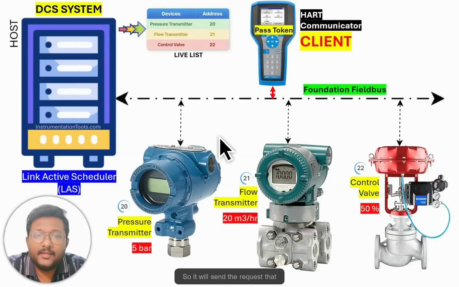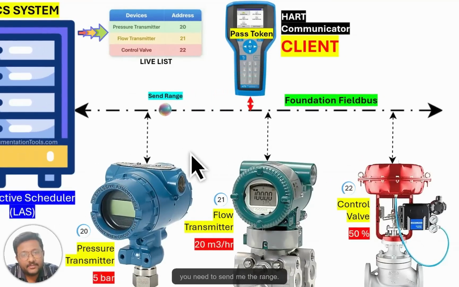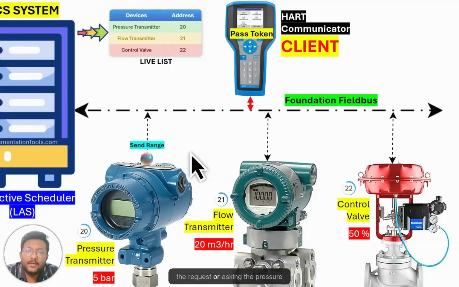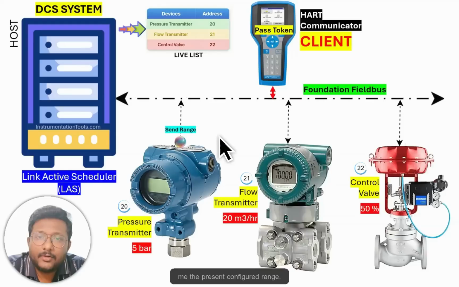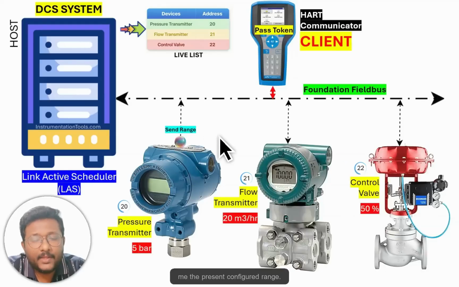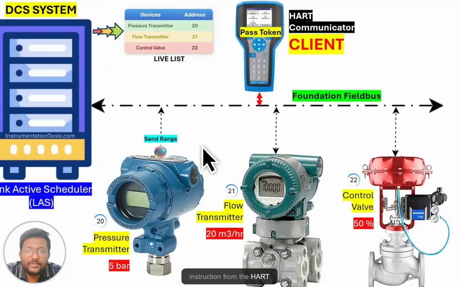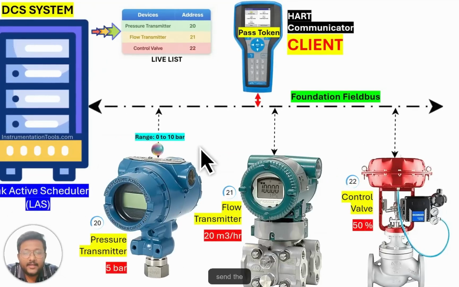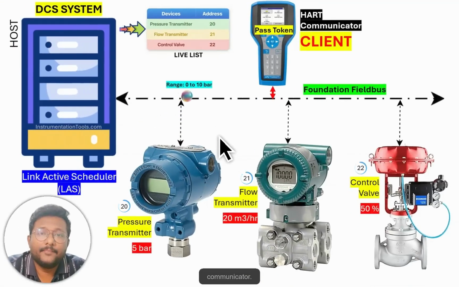So it will send the request that you need to send me the range. The HART communicator sends the request, asking the pressure transmitter to send the present configured range. Once this instrument receives this instruction from the HART communicator, it will send the requested data to the HART communicator.